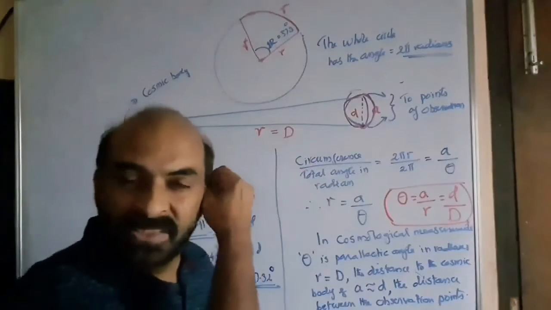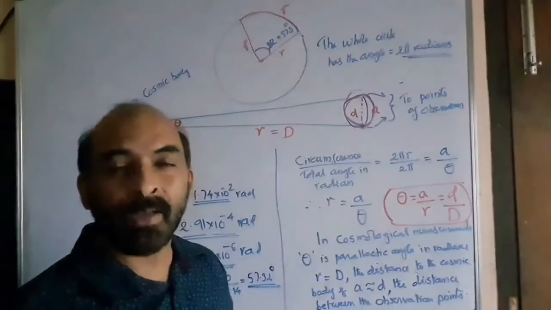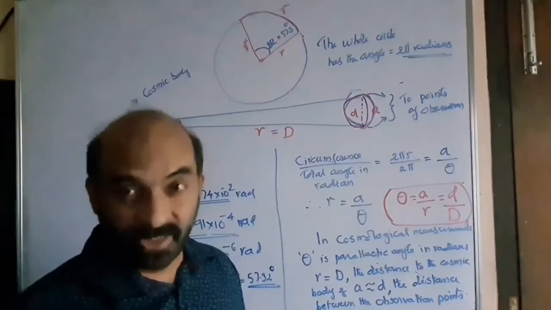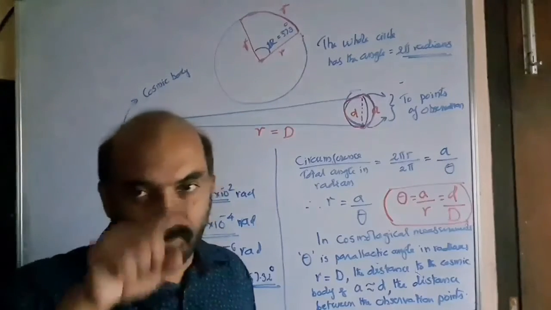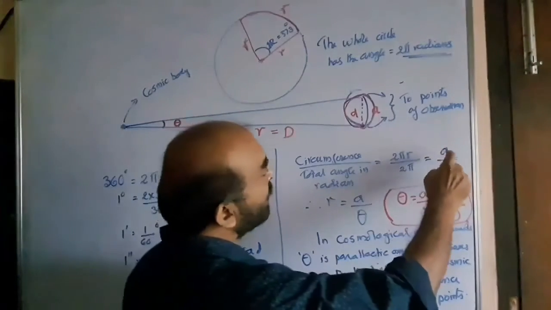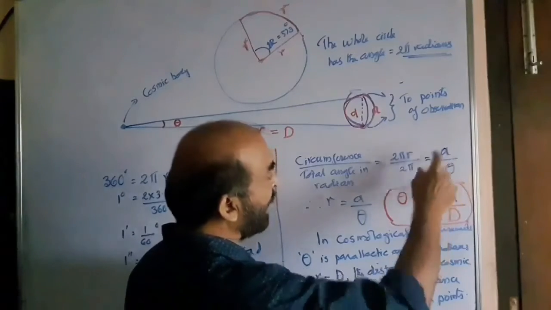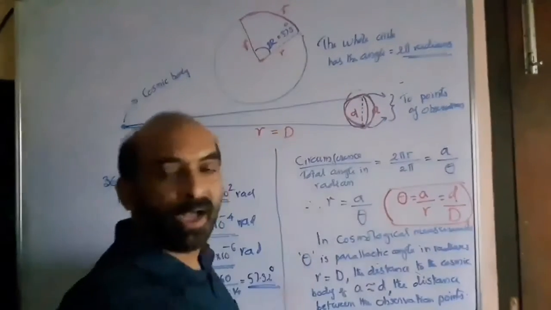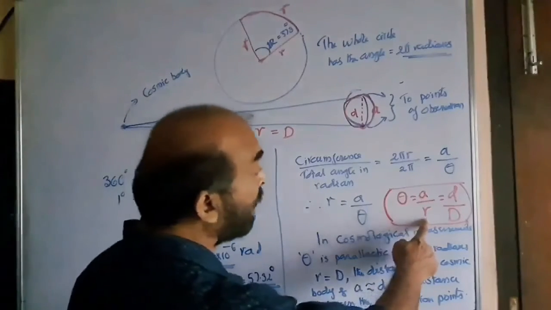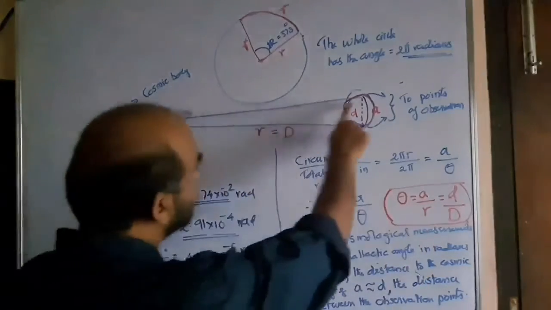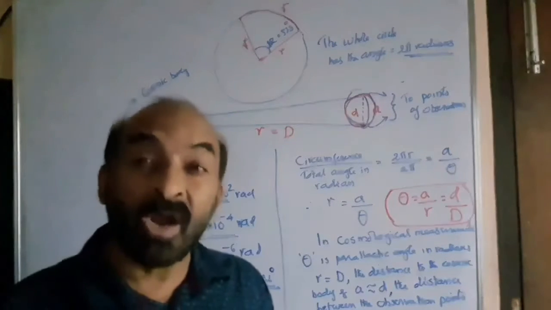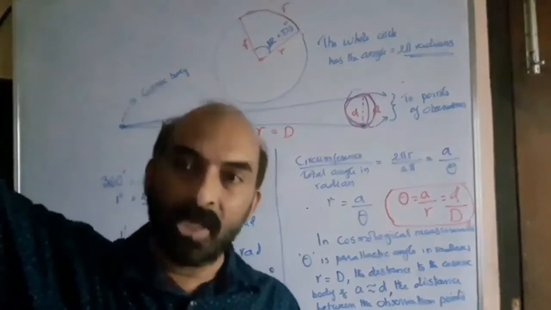That's why in the book we say that D by d is equal to theta when theta is very small. When theta is very small, the curve can be approximated to be the corresponding straight line. So what we do, we replace the arc length A with the diameter symbol D, and the radius R of the cosmic circle is replaced by the distance we want to calculate, the distance to the star, etc.